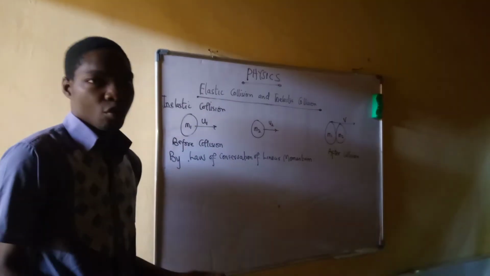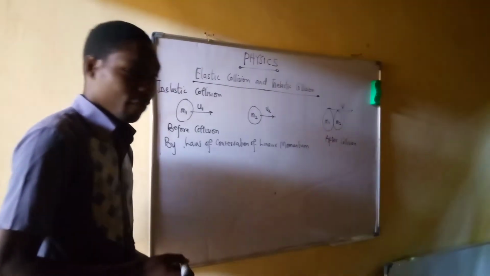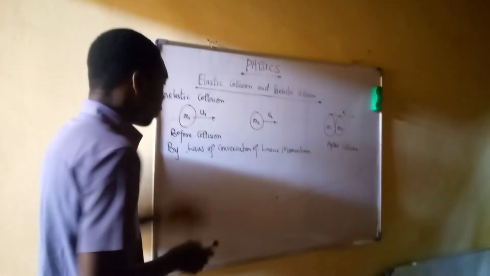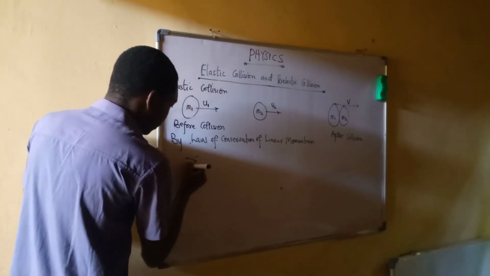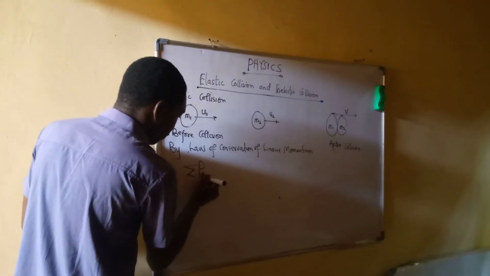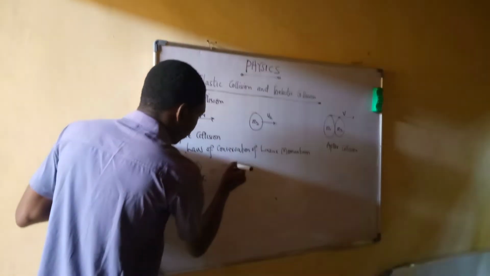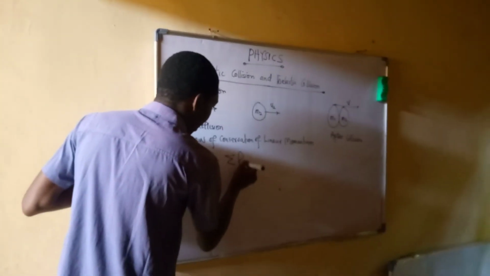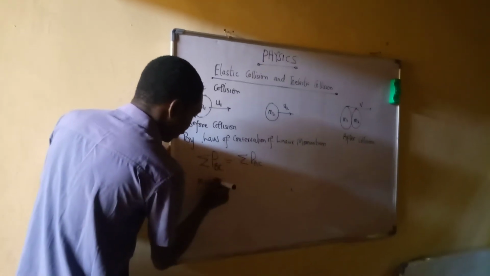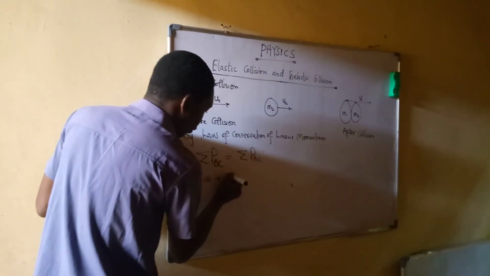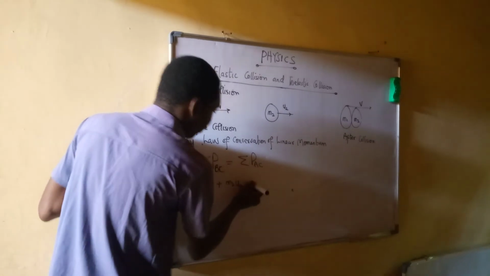momentum means the product of mass and velocity. So for this, you have the sum of the momentum before collision equal to the sum of the momentum after collision. Here you have the momentum m1 times u1, here is m2 times u2, that is before.